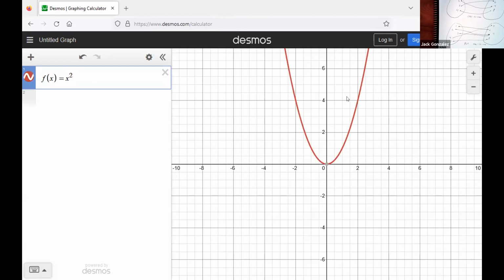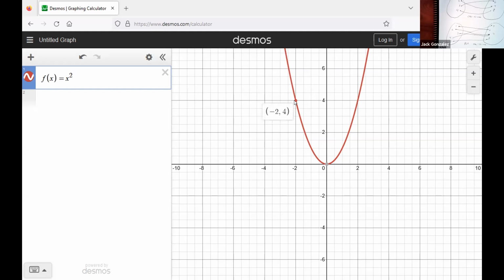If you draw vertical lines through it, it passes the definition. You just imagine, or if you want to draw it, you can. Just draw vertical lines through it. It will never hit more than once. But if you draw a horizontal sideways line, it's going to hit 2 times. So if it hits twice, it is not one-to-one, because do you agree that 2 goes to 4? -2 also goes to 4, right?